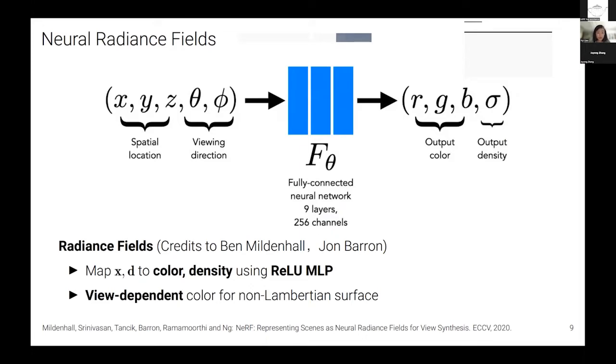The color is dependent on the viewing direction such that it can model non-Lambertian surfaces. This is quite a compact representation as all the information is kept in the 3D MLP, and it can map any continuous input location to an output color and density.